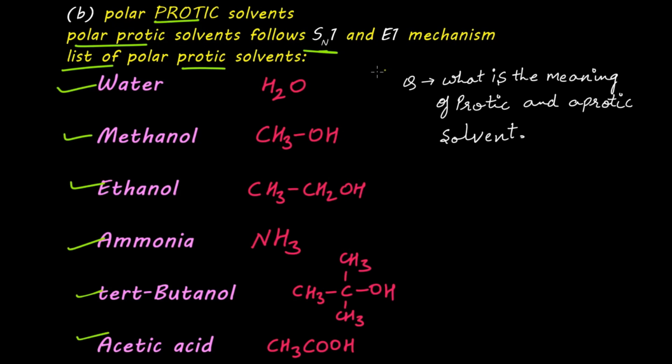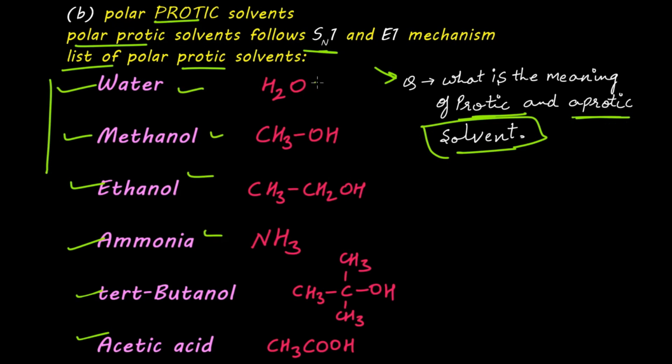Now the question is, what is the meaning of protic and aprotic solvent? Solvent is something in which you dissolve your reactants for SN1 or SN2 mechanism. Now what is the meaning of protic and aprotic? If you look closely at this list, all these examples will give H+, or have the ability to give H+, right?